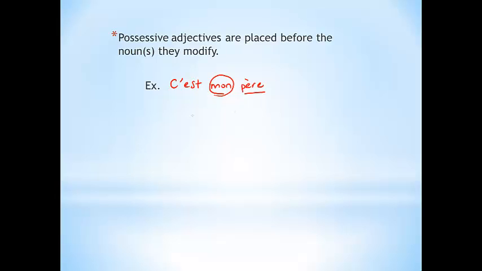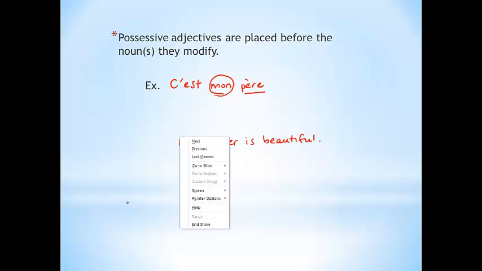Okay, I'm going to give you one to try here. So what if you wanted to say, our sister is beautiful? For our, you may have guessed already, that you would use notre.